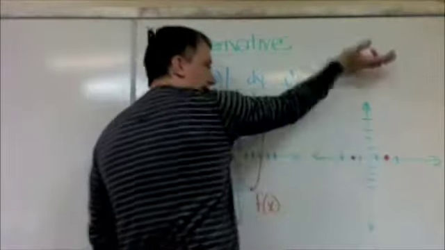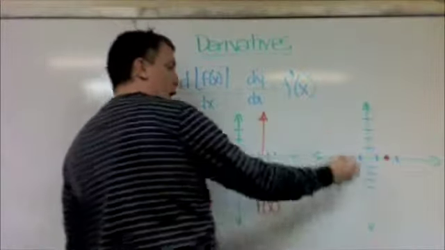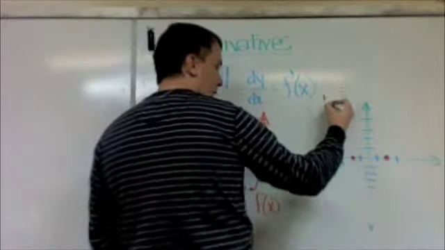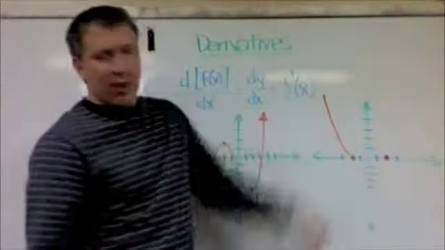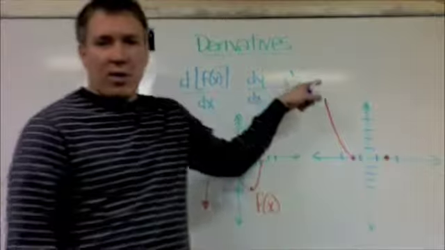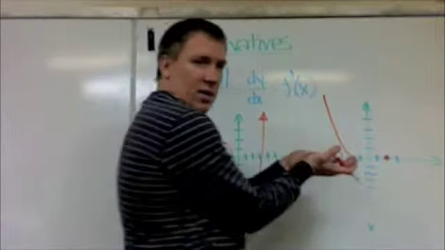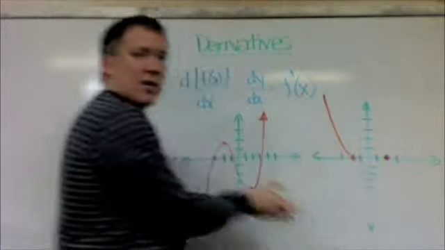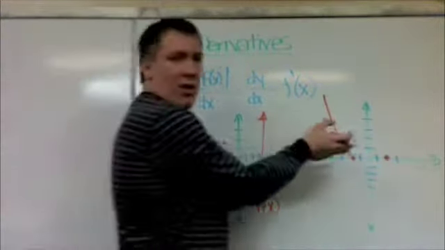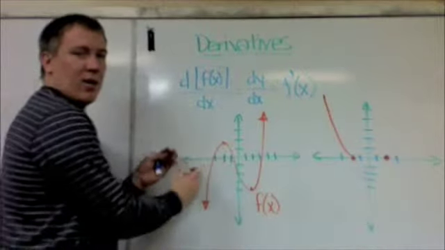Well, are positives up here or down there? Positives are up here. So I'm going to be coming from here down to there. My slope values are all positive here. Again, the value of this function is the slope of this function. So the value here is positive, because the slope here is positive.